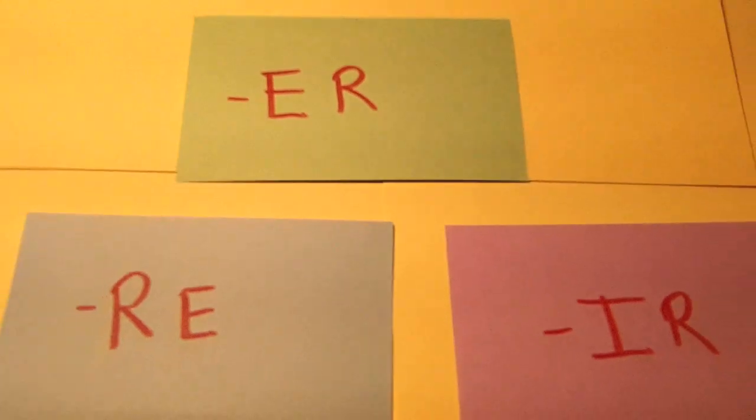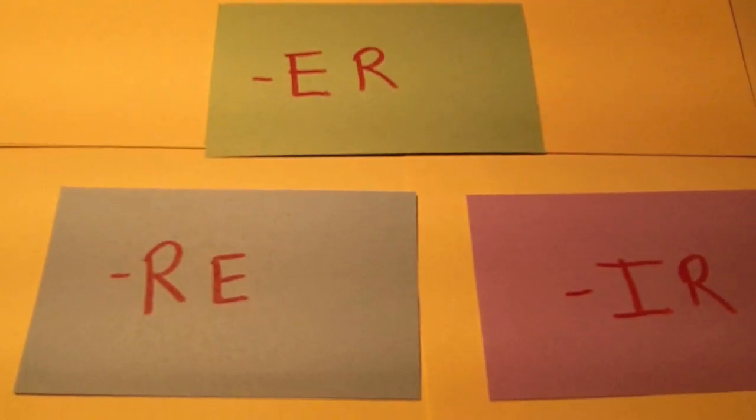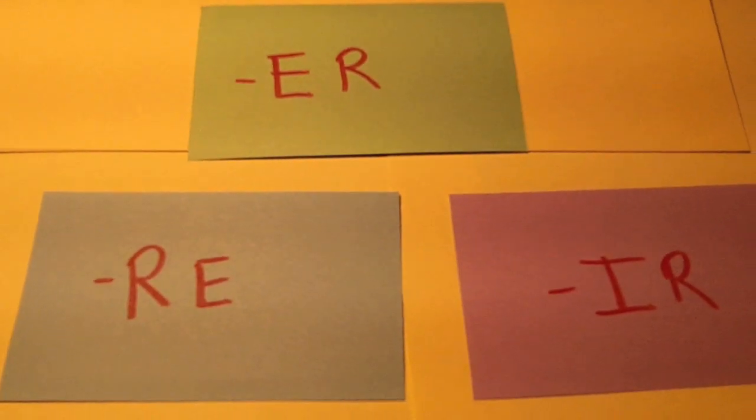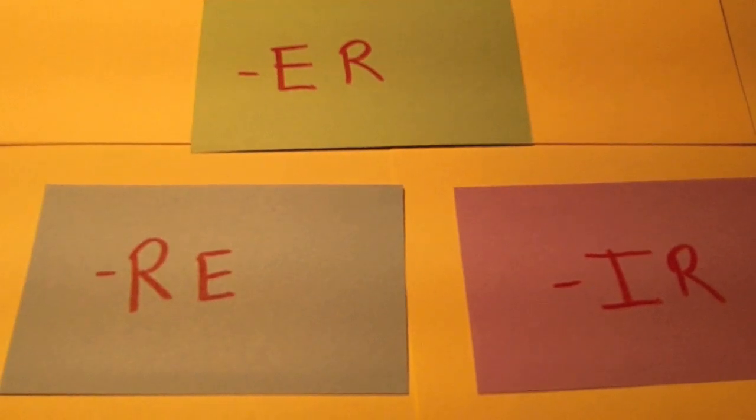You can recognize a verb in French by its ending. There are three major groups in French. There are IR verbs, RE verbs, and ER verbs. Most verbs in French will end with one of these combinations.